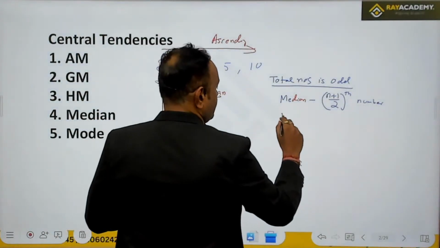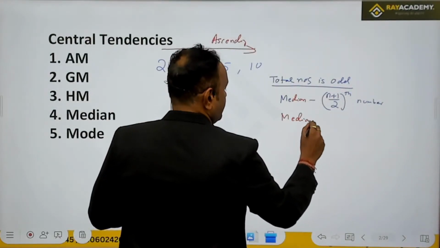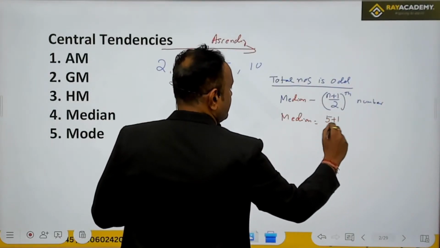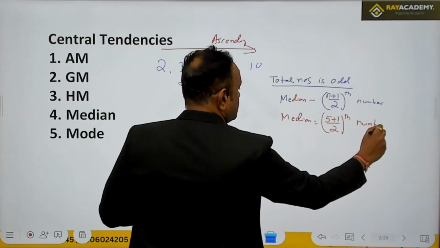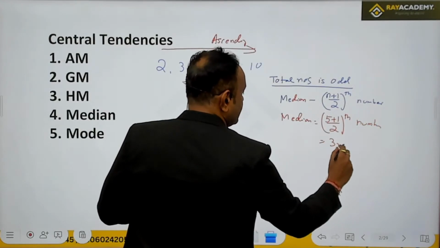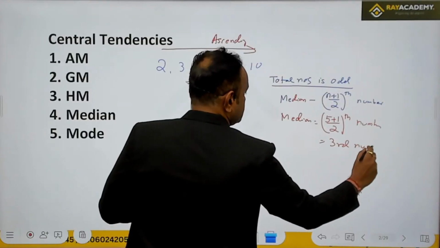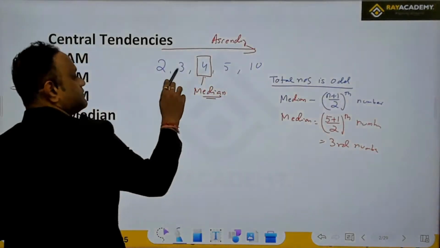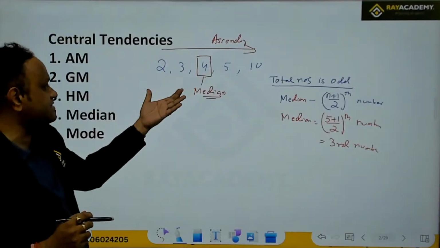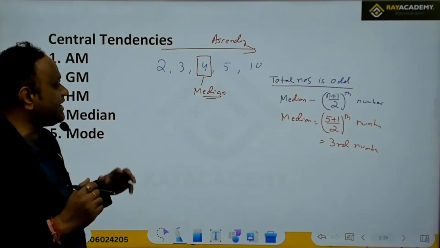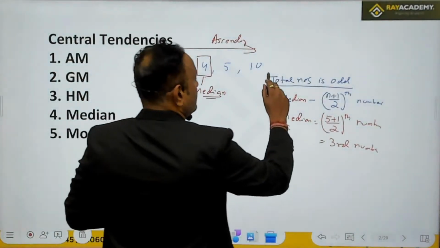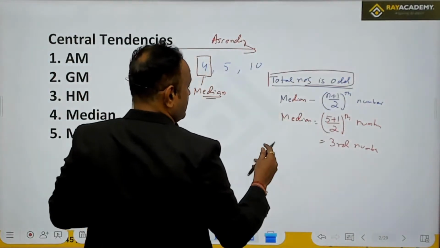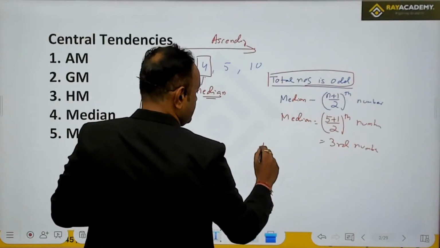So median कोन हला? As per this formula, median is the (5 plus 1) by 2th number, so that is 6 by 2, that is the third number. सेति भाई हमरो 2 3 4, third number. एठी तो पांचटा अछि, you can say easily, but if n is bigger then you can put this formula. If the total number is odd. If the total number is even थिबो ताल कोन करबो?